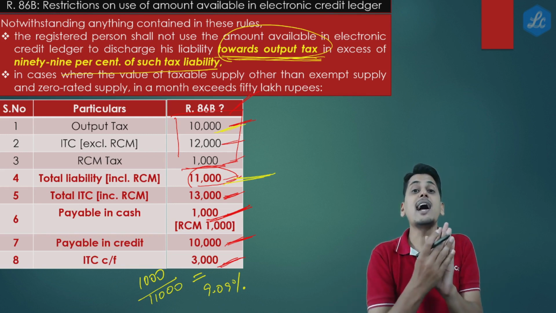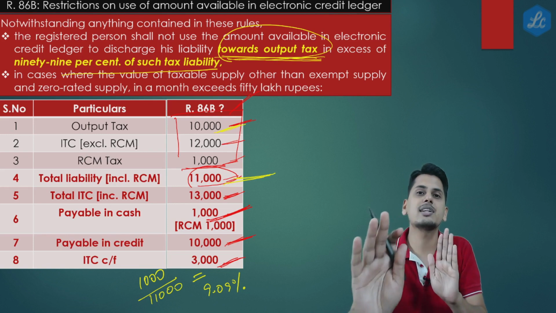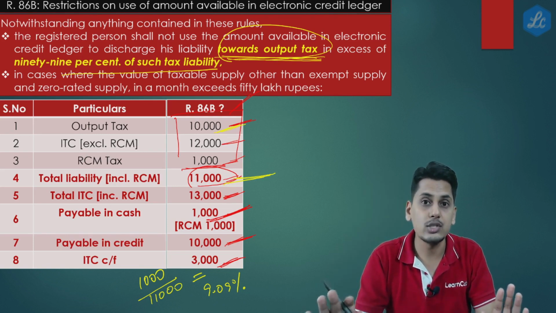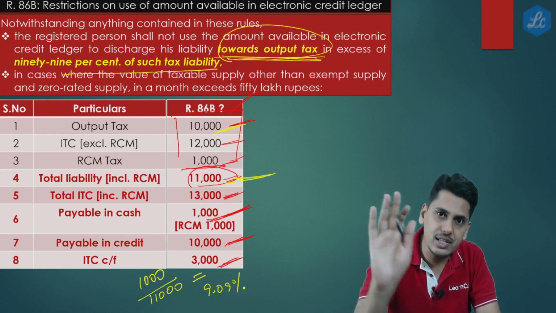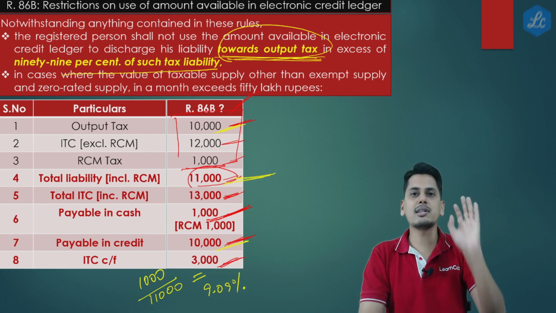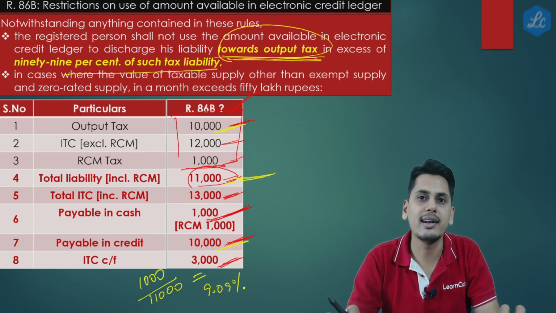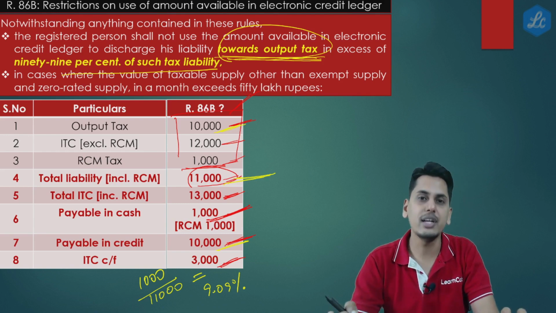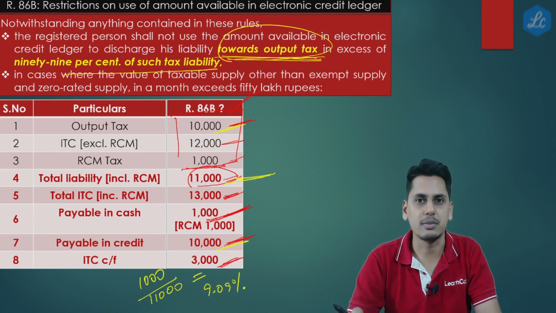Now, to discharge this 10,000 rupees, how much credit balance can you use? You can use only 99% of this 10,000. How much credit balance have you used? Payable through credit: the entire 10,000 liability you have discharged through credit ledger only. So therefore, this is not a sufficient compliance of Rule 86B.